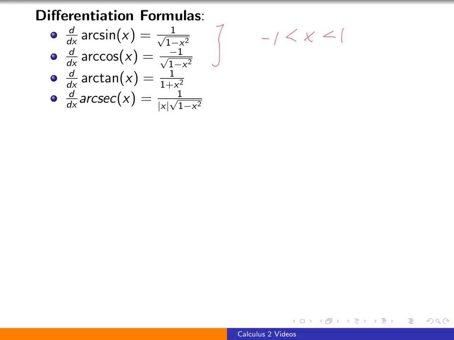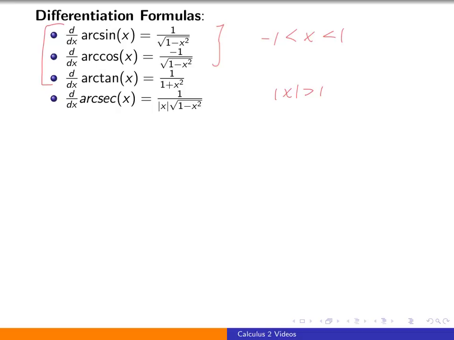And for the bottom formula, with the derivative of arcsecant of x, we have the restriction that we need in order for the formula to make sense, the absolute value of x to be bigger than 1. These formulas, especially the top three, are formulas we use frequently, and I would say you just need to know these formulas. But ideally, through practicing them, you will know them.